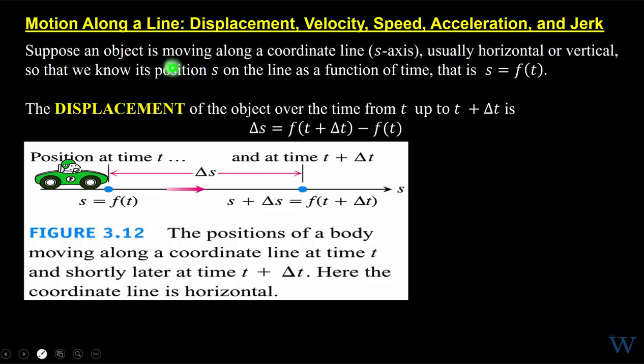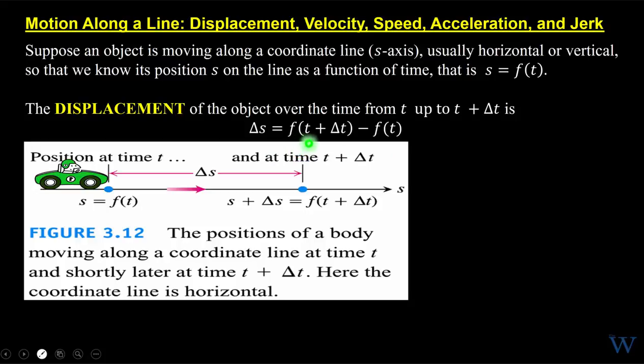Okay, suppose an object is moving along a coordinate s-axis right here. So just imagine this is your object moving along that way. This is the starting position, and an elapsed time of delta t has passed, so from here to here. So when we say the displacement of an object over the time from t up to t plus delta t, delta s is really just delta y.